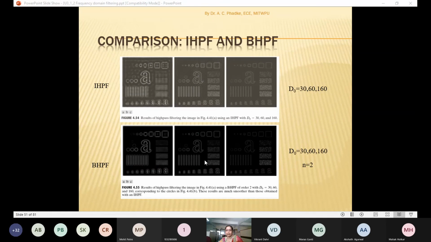As you increase the radius of the Butterworth high pass filter, here you can observe the effect. For a high pass filter, as you increase the distance, sharpening goes on increasing, because you are truncating more and more frequency coefficients.